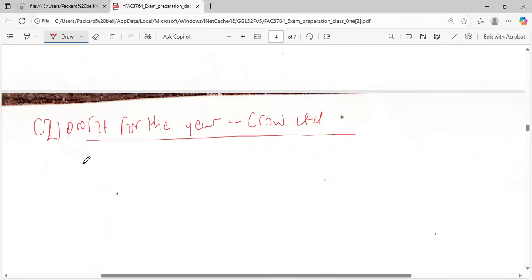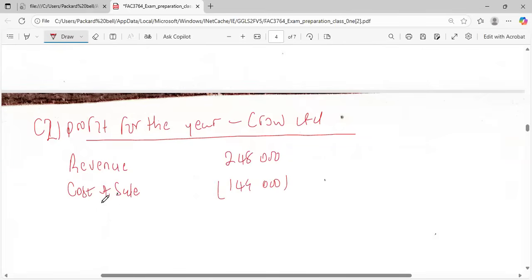So we say our revenue is equal to what? 248,000. Then cost of sale is going to be 149,000.